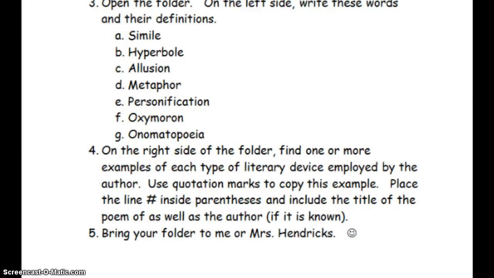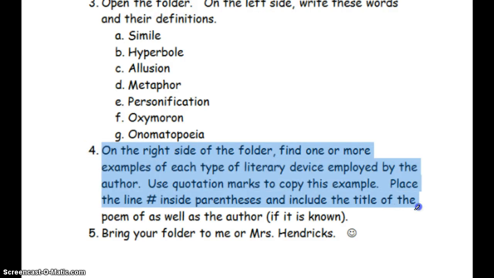They had to write those on the left side of the folder. On the right side of the folder, you'll notice here, the students were asked to find examples of these types of figurative language. Here again, it is seldom that we find an author who incorporates all of them in his or her text.